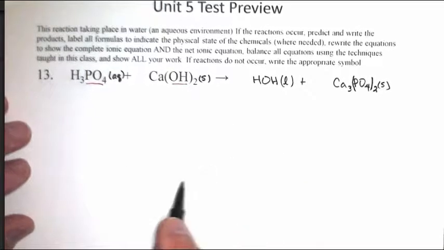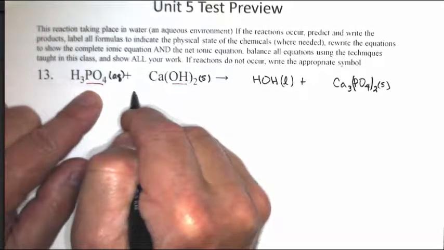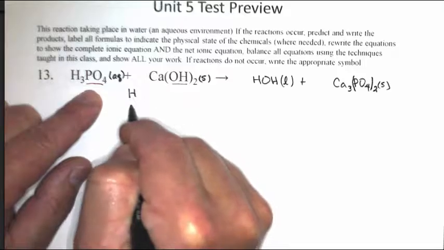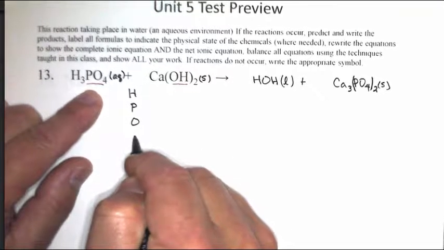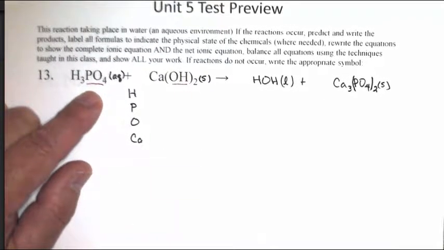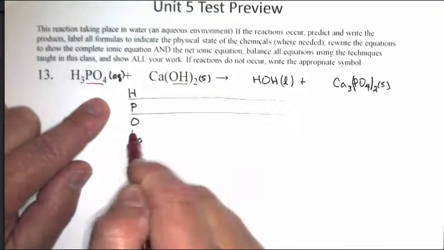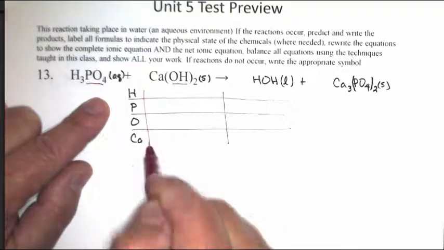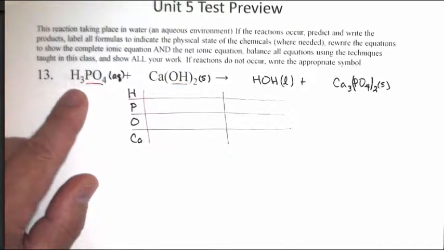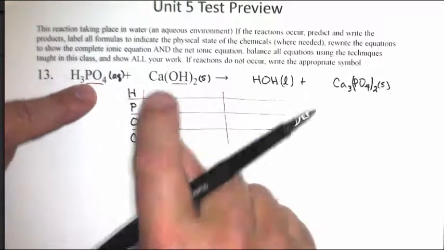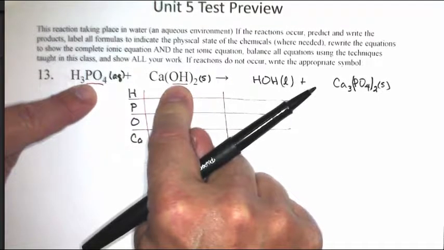So we list all the elements out anyway. Hydrogen, phosphorus, oxygen, calcium. And we're going to make this grid here. And count things up. Now I've got hydrogen and oxygen in 2 different formulas on the left-hand side.